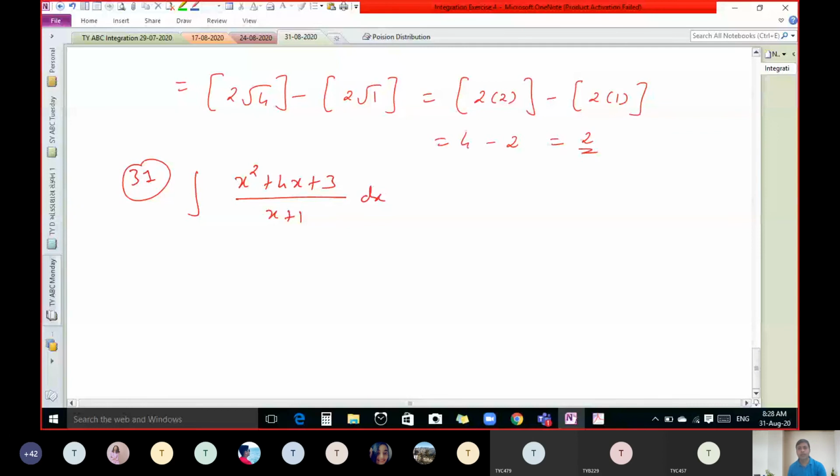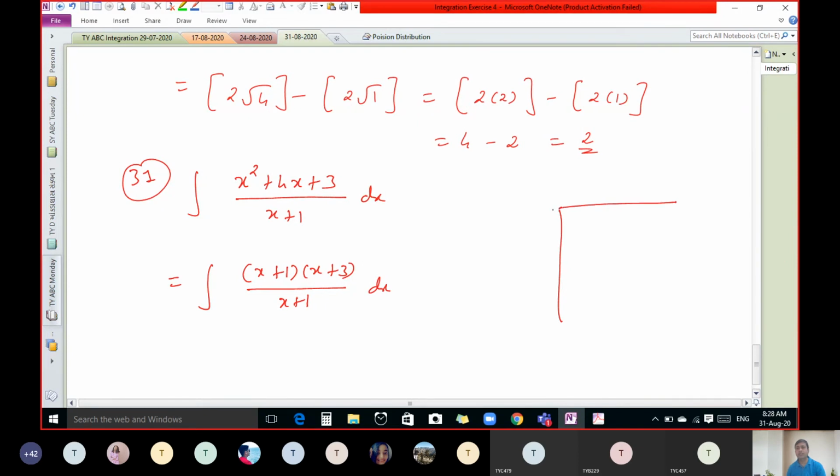Now see, if you know the factorization, it is very easy. It is x plus 1, x plus 3. This is the factor. And if you don't know factorization, you can do it like this also.